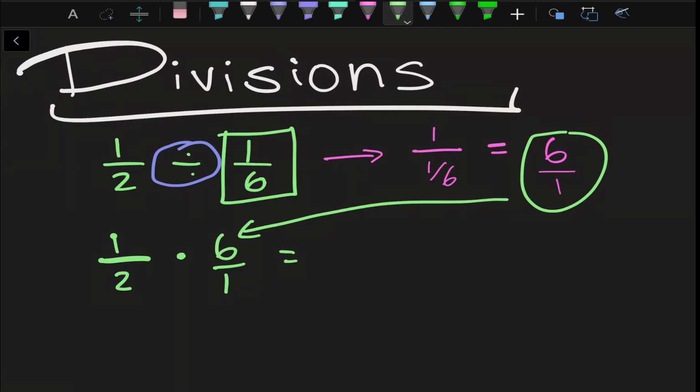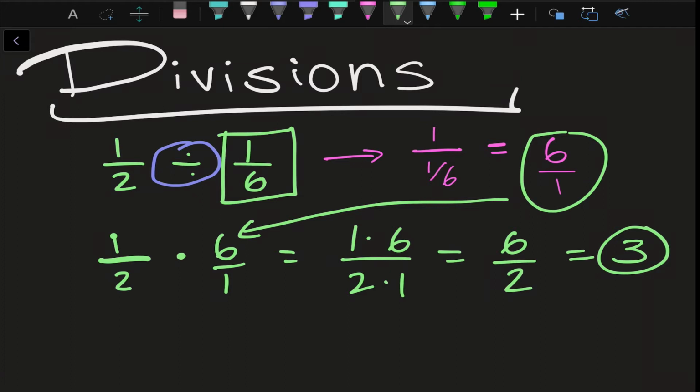And again, just basic multiplication like we did above, 1 times 6, 2 times 1, so we get 6 over 2. And 6 divided by 2, we know what that is, that's 3. So that's our answer for 1 over 2 divided by 1 over 6.